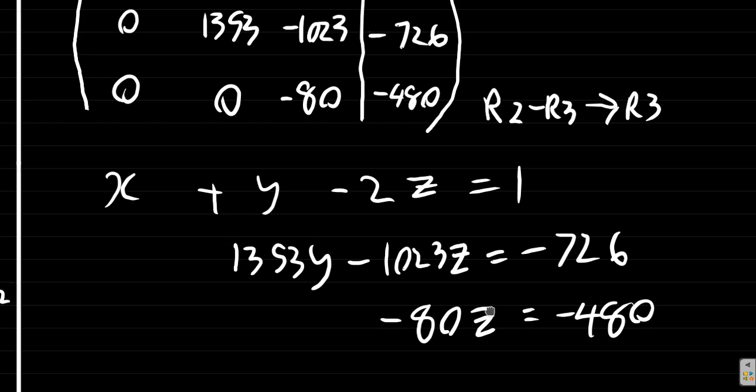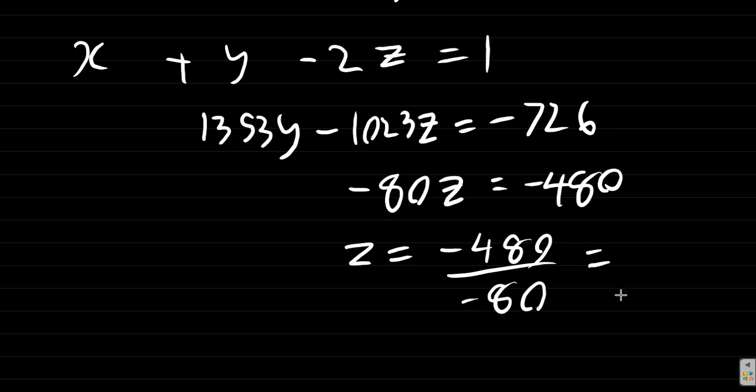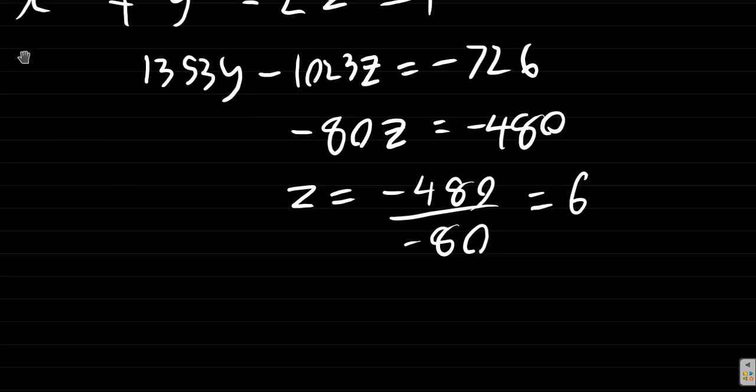So we can find z then. So what is z now? If negative 80z equal negative 480, then z would be equal to negative 480 over negative 80. 480 over 80 is what? That's 6. Alright. Now we know that z is 6.